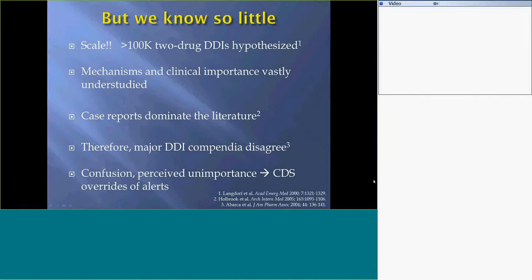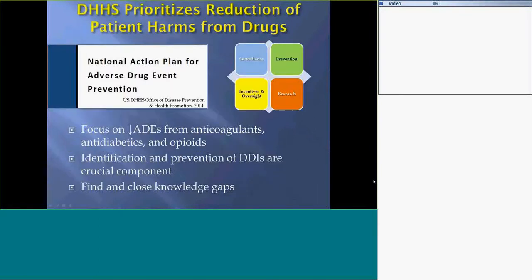Case reports, while useful for hypothesis generation, tend to provide a low level of causal evidence between an exposure and an outcome. Therefore, it's not terribly surprising that major DDI compendia disagree with one another. This causes confusion, perceived unimportance of particular drug-drug interactions, and ultimately the overriding of alerts that are programmed into computerized decision support systems.